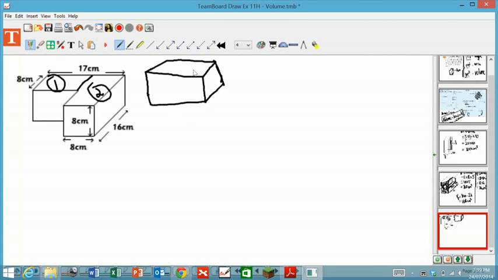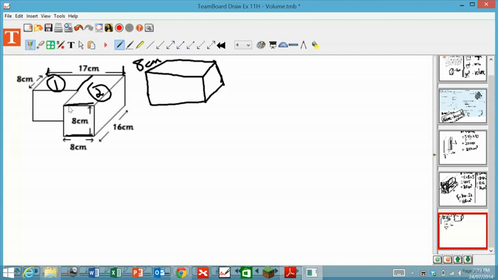Okay, so I know this length. Okay, this length here, I'll go with that one, is 8 centimeters. Okay, now what's this side length along here? Okay, from here to here. Well, we know the whole thing from here to there is 17. Now, this is also telling us that it's 8 centimeters from here to here.